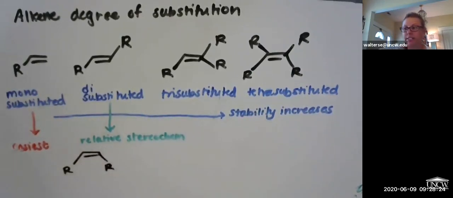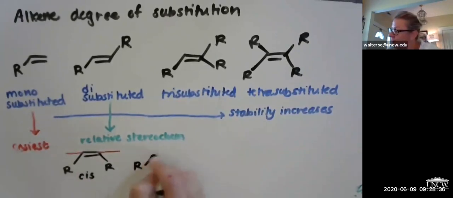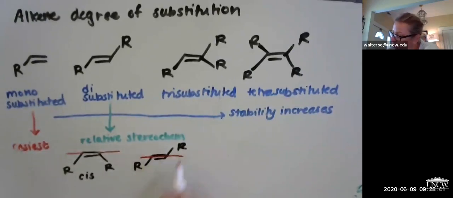If you draw a line across your pi bond like this, if your 2 R groups are on the same side, that's cis. If they're on opposite sides, if you draw your line across, they're trans. And just like with the disubstituted cycloalkanes, you have to include cis or trans in the name.